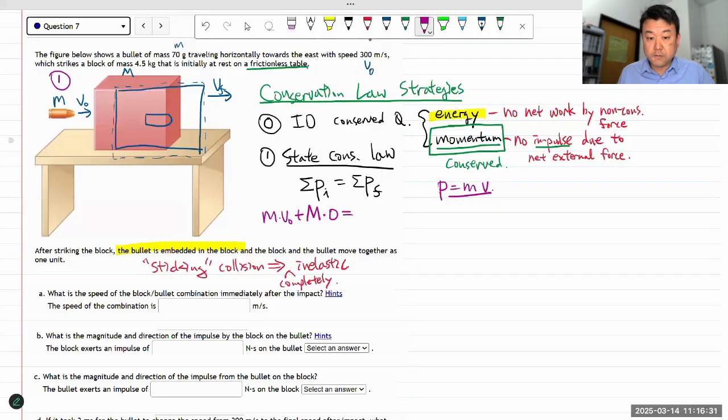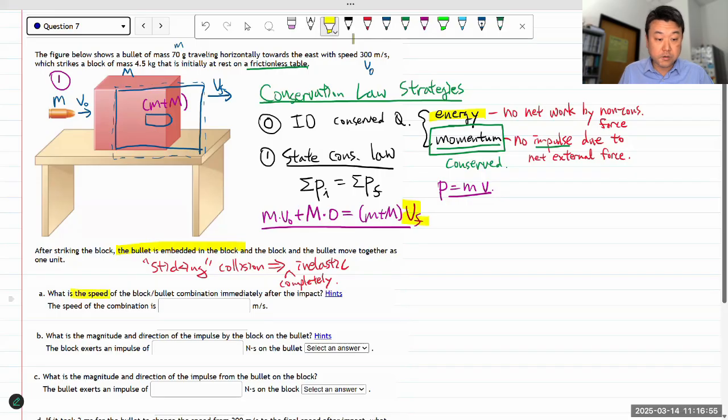That should be equal to the final total momentum, where the total mass of this combined object is small m plus big M. Treat it as just one object, small m plus big M, which is moving at speed v final. So this is one equation in terms of one unknown, v final, which is what we are looking for.